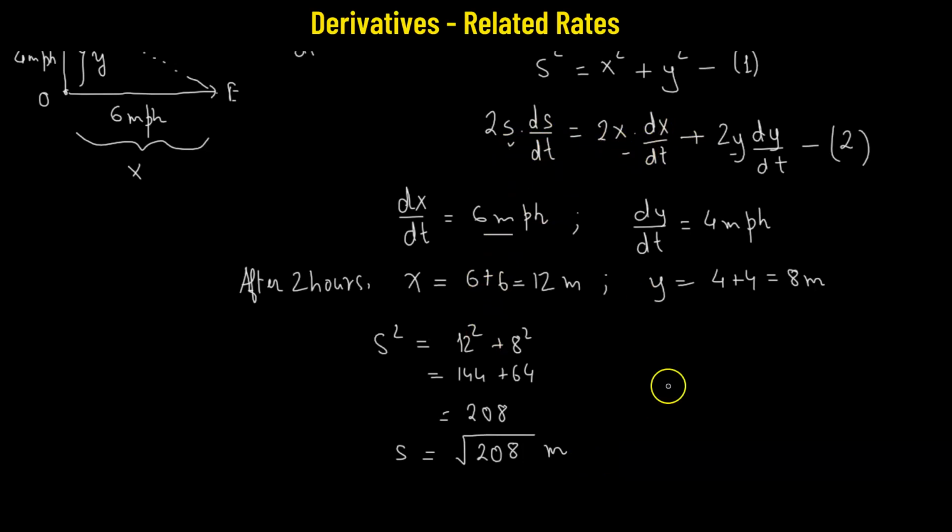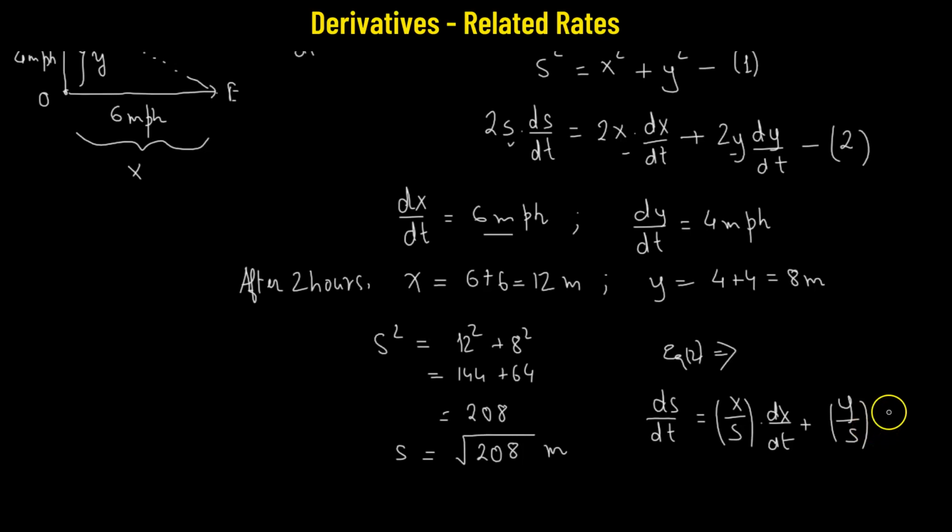So now equation number 2 follows. Here we can see that we can factor out 2 from both sides. So ds over dt, that means the rate of change of the distance of separation s, will be given by x over s times dx over dt plus y over s times dy over dt.